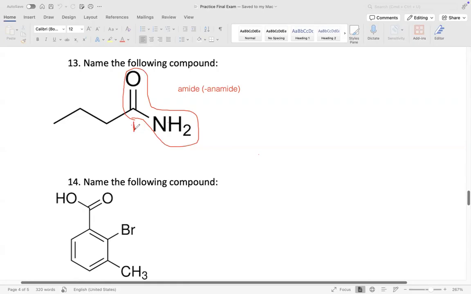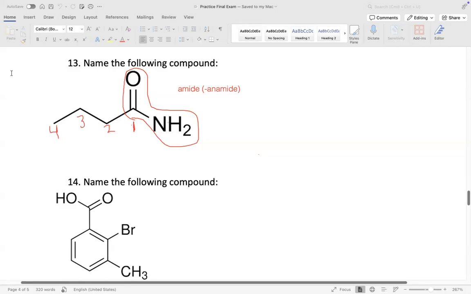My next step is to continue numbering the longest chain. So I'm going to go 2, 3, 4. I know it has the suffix amide because there's an amide functional group. I know it's going to be but because it has 4 carbons in the main chain.